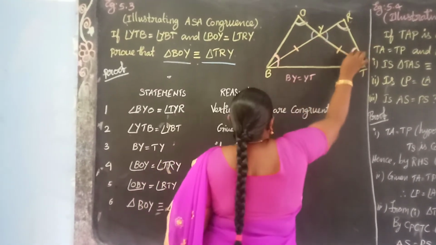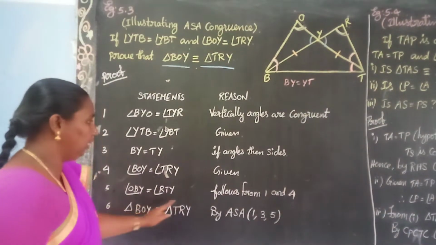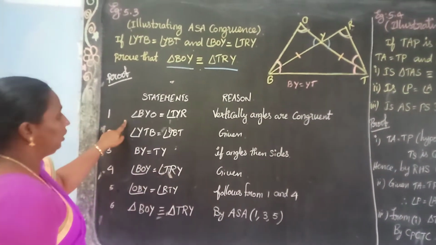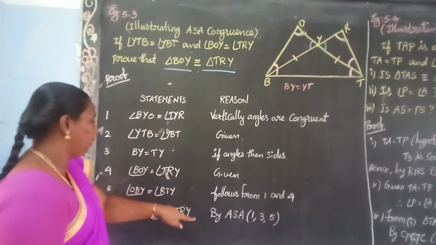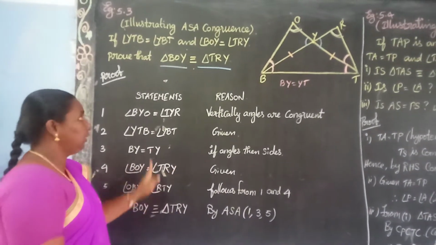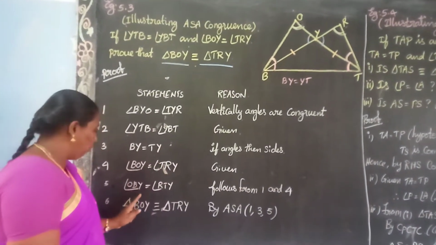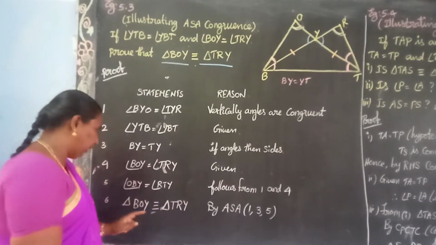Definitely the third angle will also be equal. That follows from 1 and 4. 1 says vertically opposite angles are equal, and 4 is given in the sum. So you can write angle OBY equal to angle RTY.